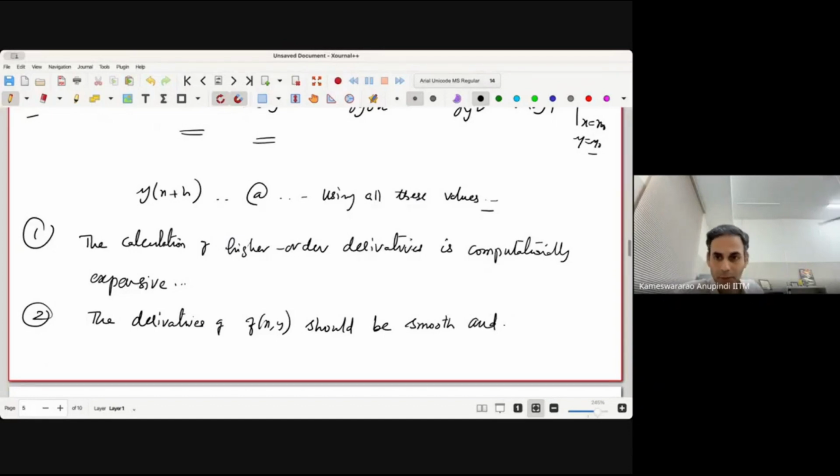And well behaved. It's fine. So only then we'll be able to calculate all these values. Otherwise, the Taylor series method can get very difficult to implement if these are not satisfied.